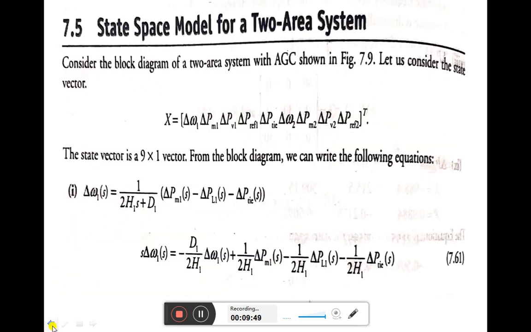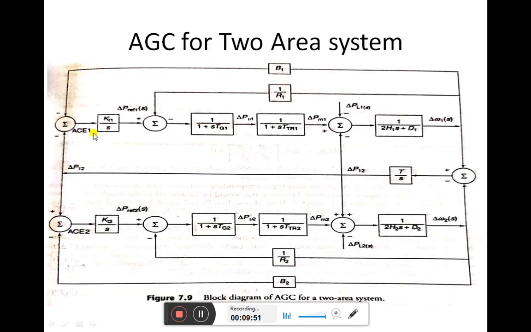Further, the next term is ΔP reference 1. What is the change in reference power of area 1 that we are indicating here? We have indicated this in terms of various terminologies related to ACE1, which we just saw in the previous block diagram.